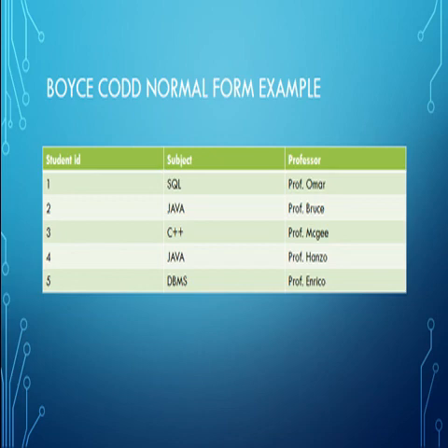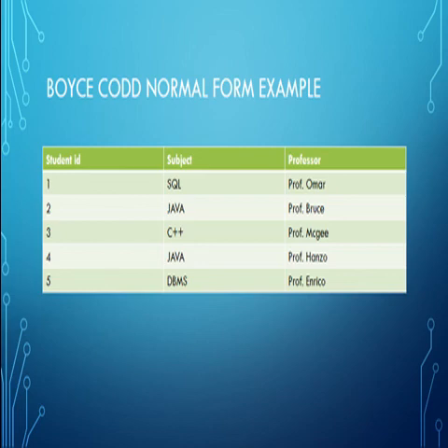There can be multiple teachers teaching one subject, and for each subject, a professor is assigned to the student. In this table, all the normal forms are satisfied except Boyce-Codd normal form.